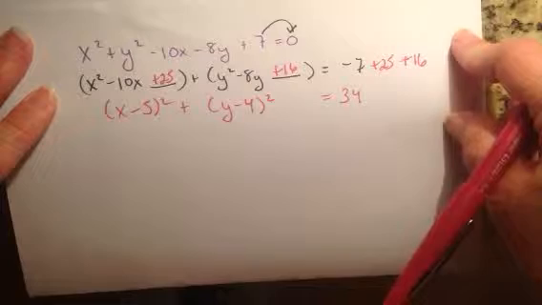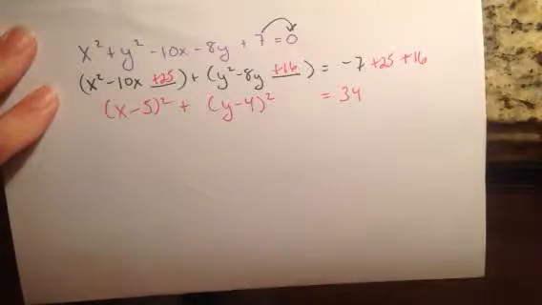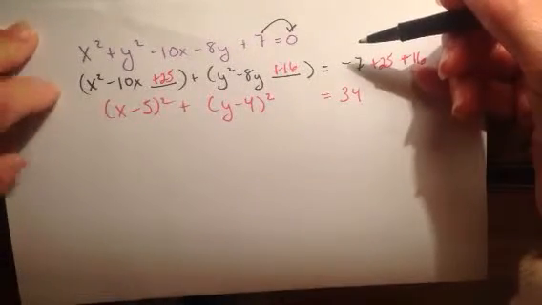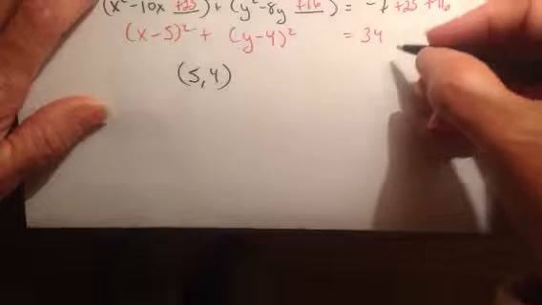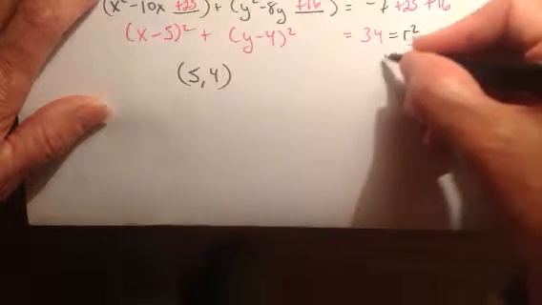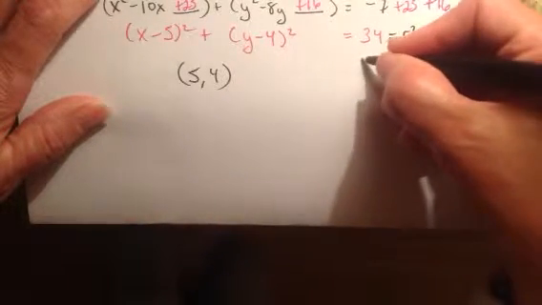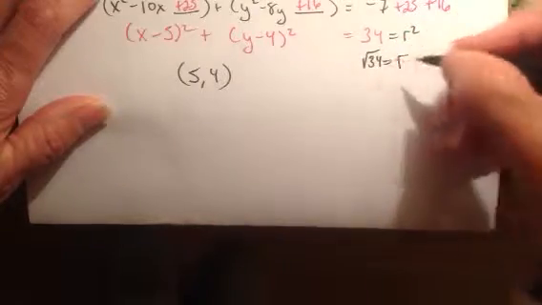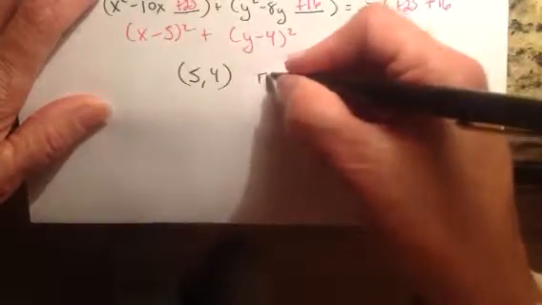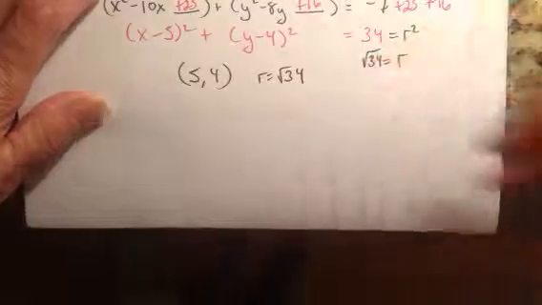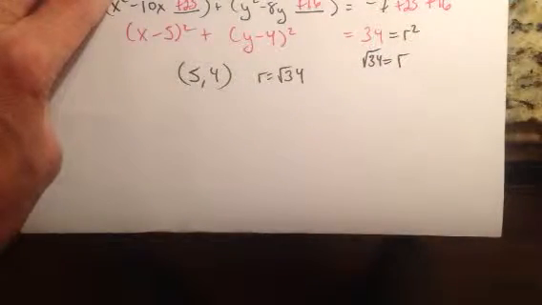Okay, so I can easily see that my center is at positive 5, positive 4, so 5 comma 4, that's the center of my circle, and my radius is, remember, this equals r squared, so my r equals the square root of 34.